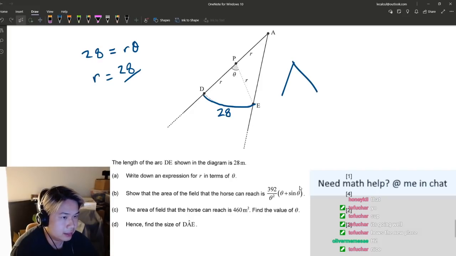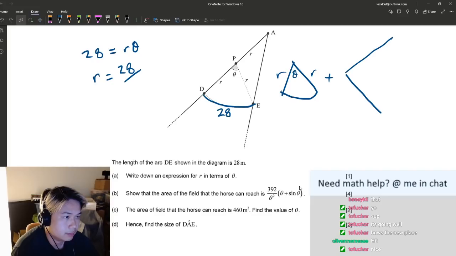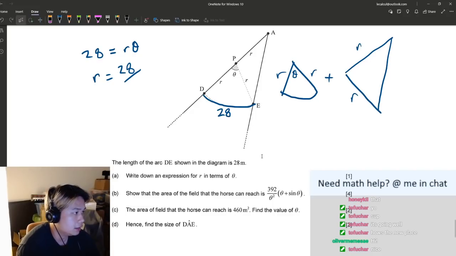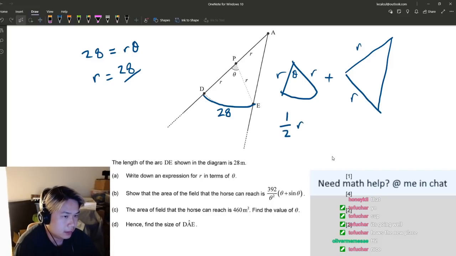It's the area of the sector plus the area of this triangle. Okay, pretty straightforward. So the sector is 1/2 r squared times theta, I think. It's in your formula book.